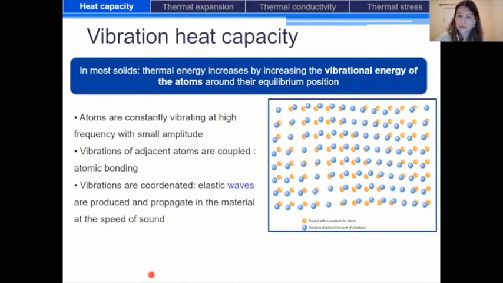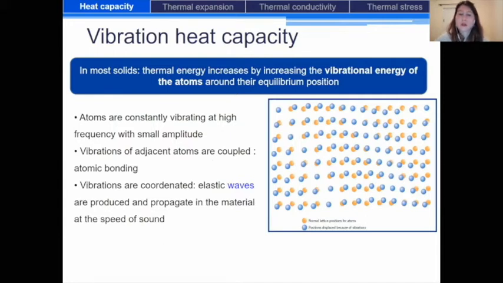And so you can see it appears like there is a wave propagating in this material. So this is the vibrational energy of the atoms around their equilibrium position.